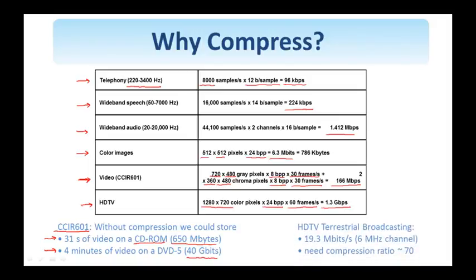Similarly, if we look at the transmission broadcasting application, then for HDTV terrestrial broadcasting, this is the transmission rate, almost 20 megabits per second. And therefore we see that we need to compress the HDTV signal by a factor of about 70 in order to be able to fit the HDTV signal into the 6 megahertz channel.